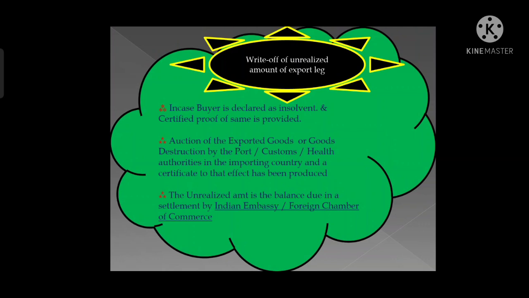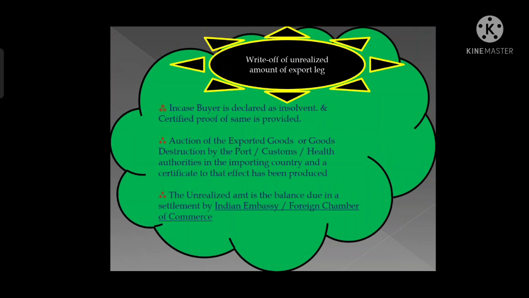And in the last situation, whenever there is a settlement through the intervention of an Indian embassy or a foreign chamber of commerce, the amount will still reflect in the unrealized amount of the export leg, meaning in the outstanding list of the export leg. So that amount can be written off by the bank automatically. If it is not written off by the bank, then the merchant trader can put a notice in front of the bank stating that this is already settled through an Indian embassy or a foreign chamber of commerce.